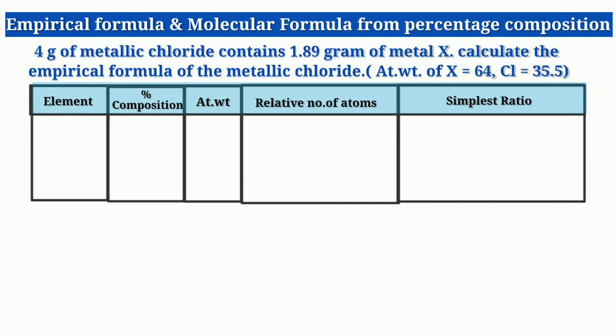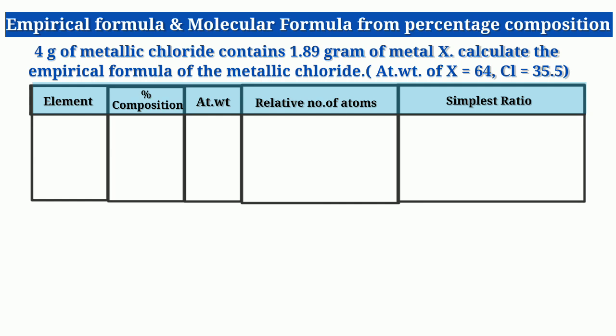Let us solve one more numerical, relatively simpler than this one. The question is 4 gram of metallic chloride contains 1.89 gram of metal X. Calculate the empirical formula of the metallic chloride. We are given atomic weight of X equals to 64 and that of chloride equals to 35.5. Mass of metal given in the question is in grams. So we will make little change in the table.